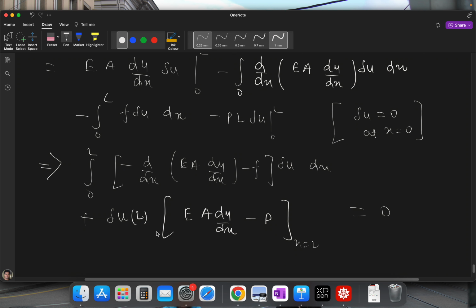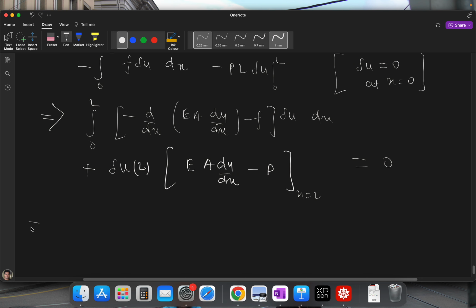Here you can see, for any arbitrary del u, this part should be 0 and this part should be 0. So that will be d by dx of EA du by dx minus f equal to 0.